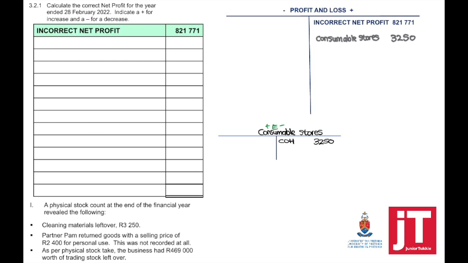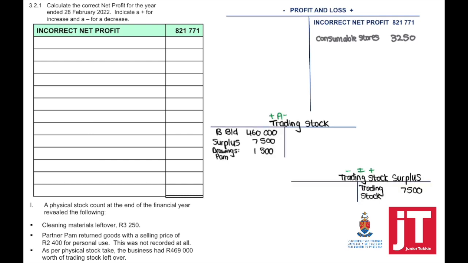And we need to make sure that we use the new updated balance of the trading stock. The physical stock count balance must be compared to the new updated balance. This is why it's relevant.